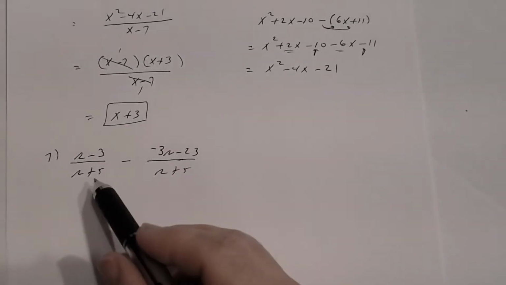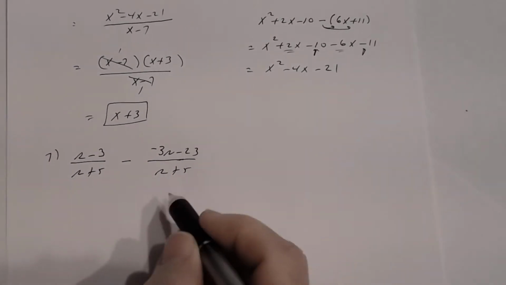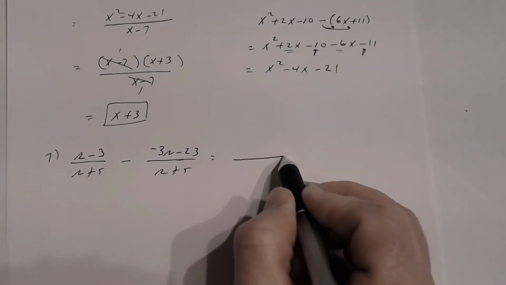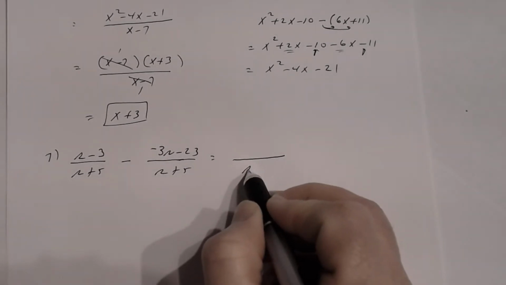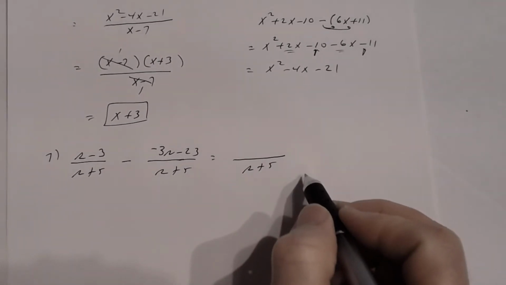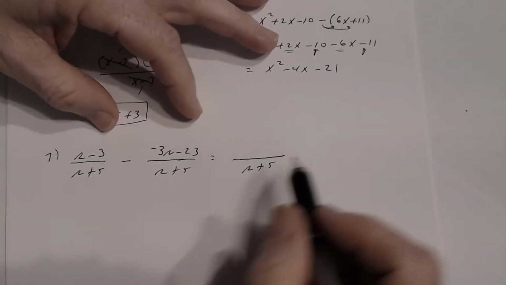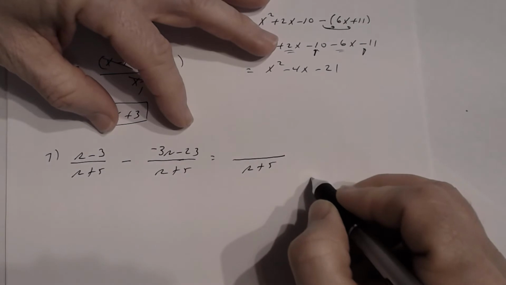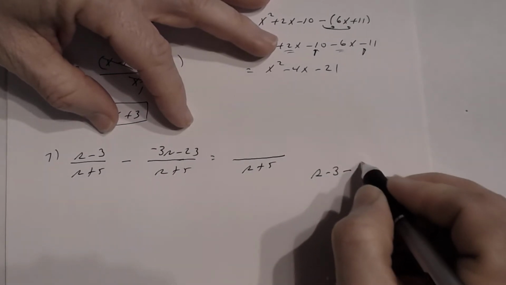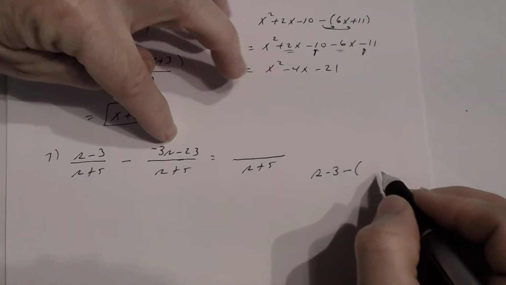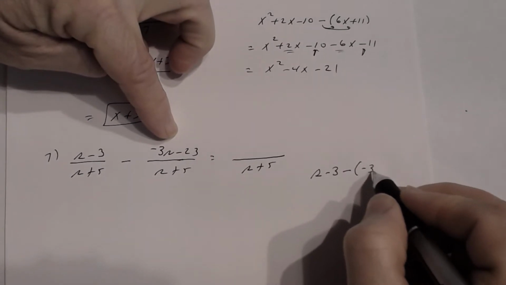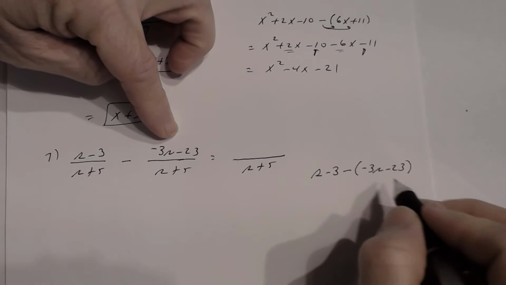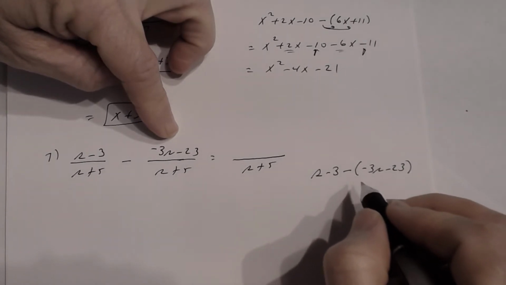Again, notice the denominators are the same. So that means I can write this as one rational expression with that denominator. Now all I have to do is subtract their numerators. So go off to the side and do that. I have s minus 3, subtract in parentheses this numerator, a negative 3s minus 23. It becomes very important that you do this.